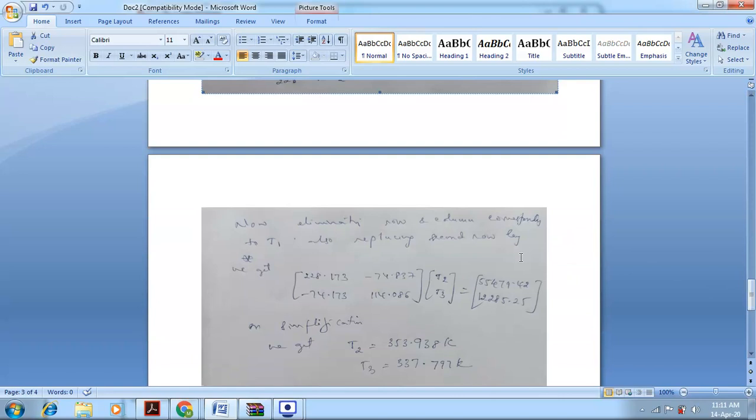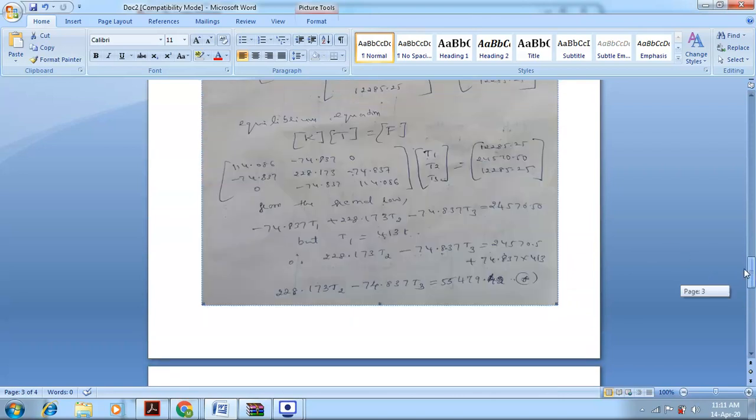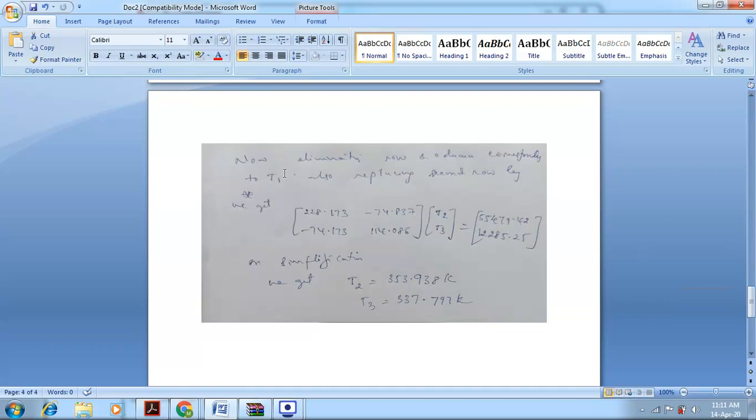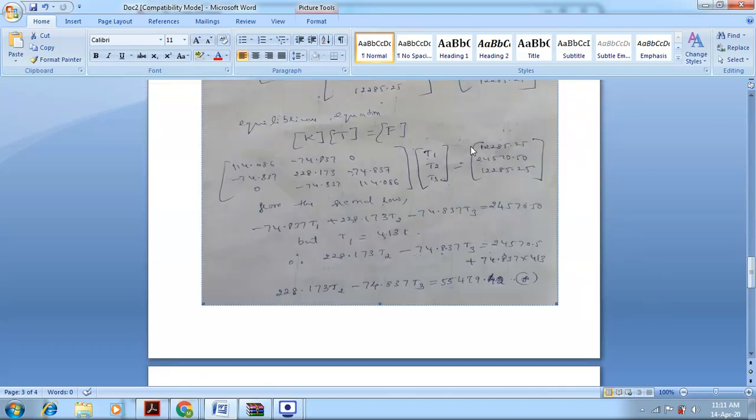Now we can eliminate because we know the value of T1; the others are unknown. In the elimination method, we eliminate the row and column corresponding to the boundary condition. Here the boundary condition is that T1 is known. That means I can eliminate the row and column corresponding to T1, so I am eliminating the first row and the first column. Once I eliminate it, I get this matrix. But since T1 is known, you replace the second value, that is 24570.50, by 55479.42.